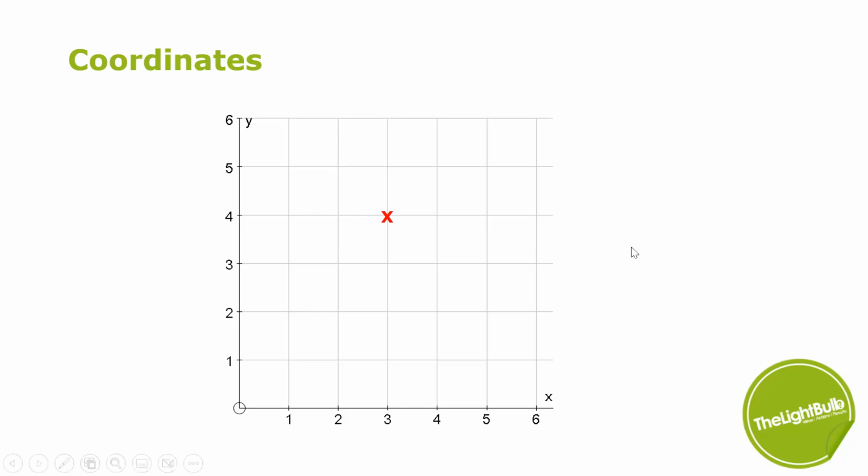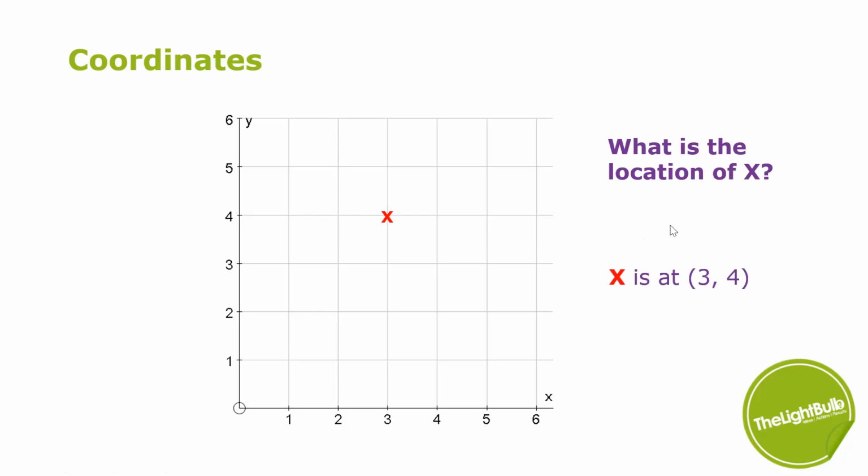Okay, did you get that? So going along, first of all, is 3, and then going up afterwards is 4. We go along first, that's the x-axis, the horizontal 3, and then up 4. To write it correctly, we have to write these brackets, and we have to use the comma to separate the two numbers as well.